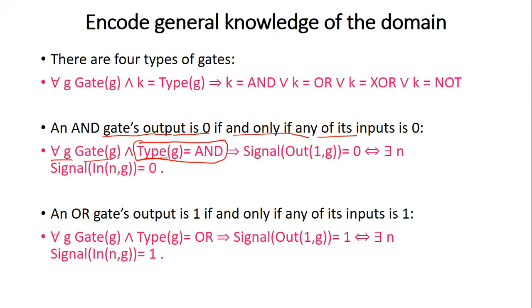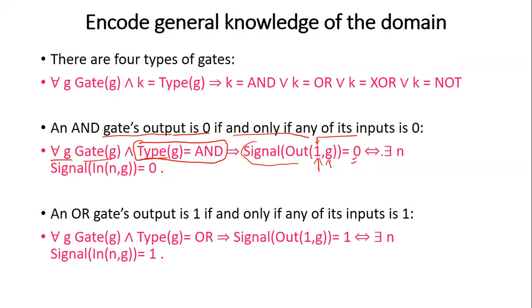If type of gate is equal to AND, then it implies that the first output, there is only one output for the AND gate. Whatever we are discussing here, there is only one output. So here 1 represents the first output. The signal of the first output of this particular gate will be 0 under which condition?